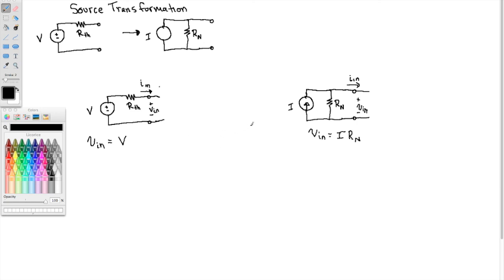Alright, so now we have a small piece of the puzzle of how to perform this transformation. If we compare Vin here with Vin here and solve for I, we know that the current source must be the voltage source divided by Rn.